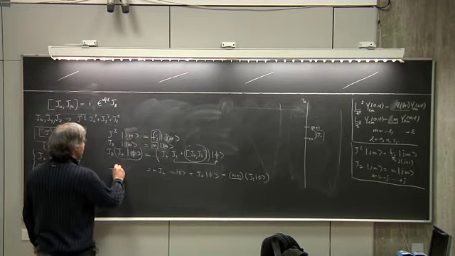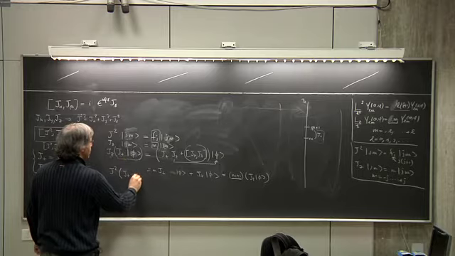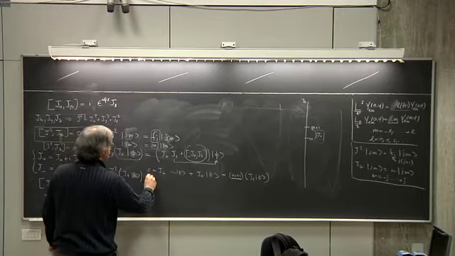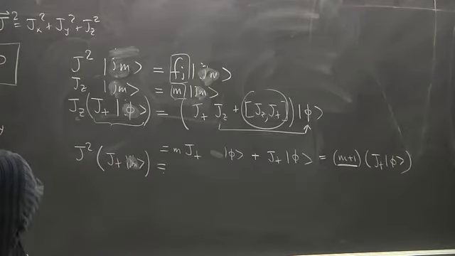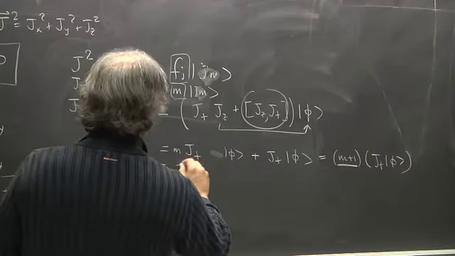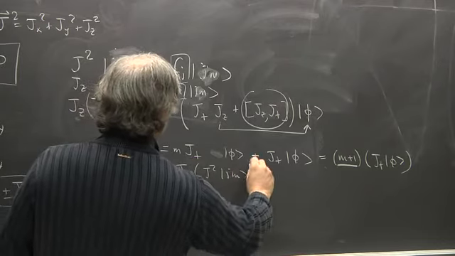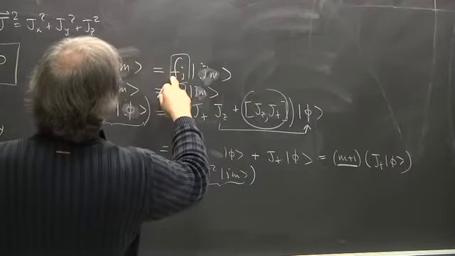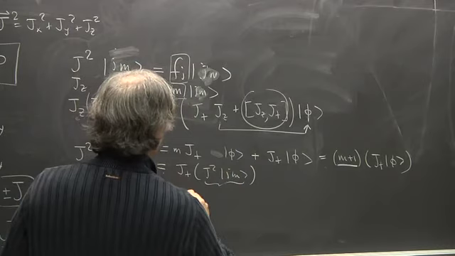In other words, if I calculate J square of this very same state, let's call it Jm, then since J square and J plus commute, I can also write this as J plus J square Jm. But this is some Fj, we said, so it's a constant which I can take out.